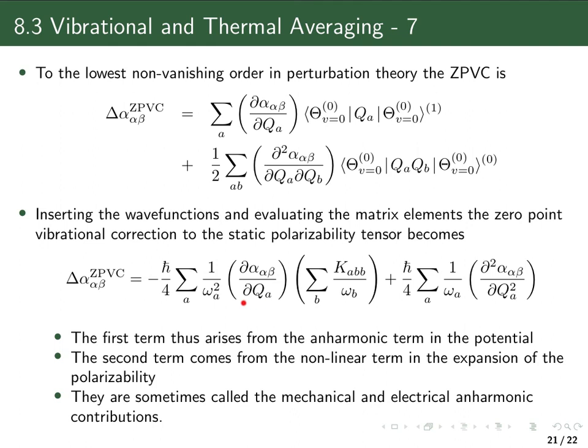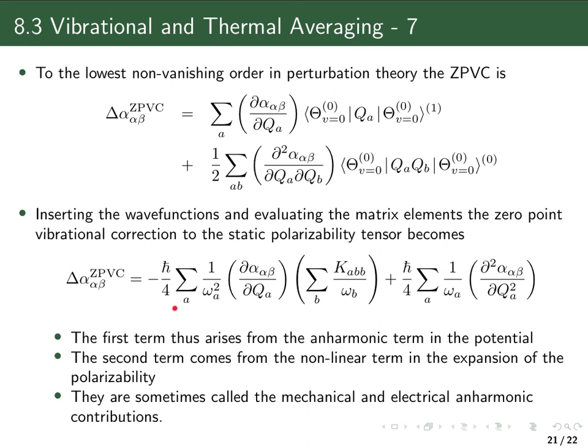So in the first term we have the first derivative of the polarizability, but we have the anharmonicity of the potential included, because that gives rise to the first order correction to the wave function. Whereas the second term is nonlinear in the polarizability, I mean it's the second derivative. However, we just use the harmonic potential in order to evaluate that term.